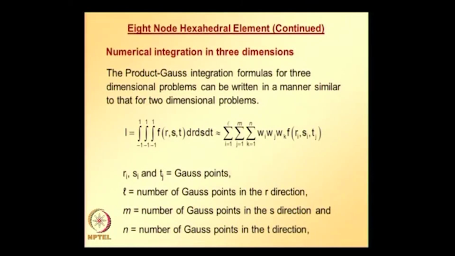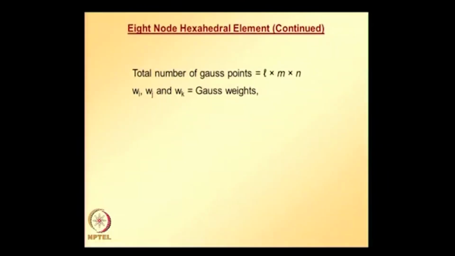These need not necessarily be the same, depending on the order of polynomial along R, S and T directions. We can select different values for L, M and N, and the total number of integration points is going to be L times M times N, and Wi, Wj, Wk are the Gauss weights, and F of Ri, Si, Ti is the value of the integrand at point Ri, Si and Ti.